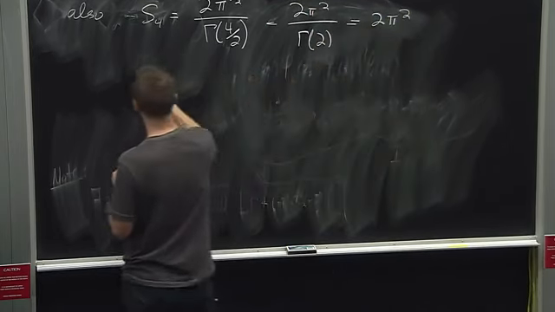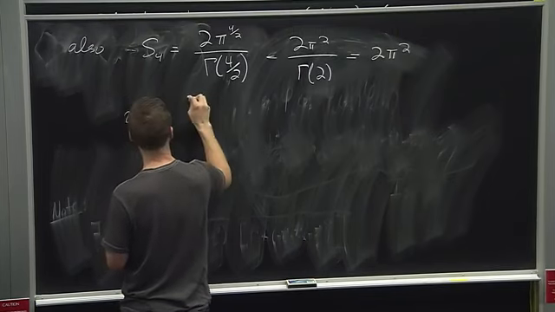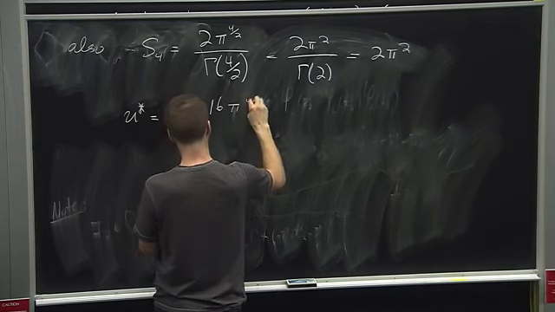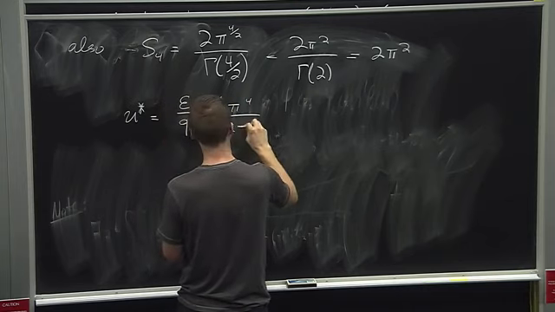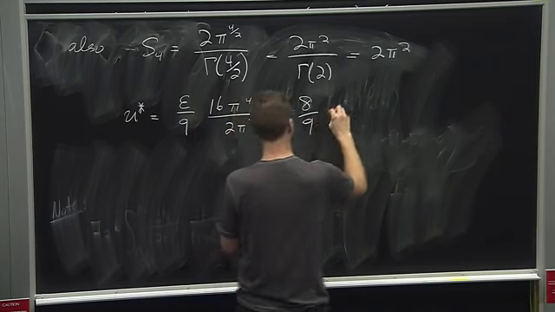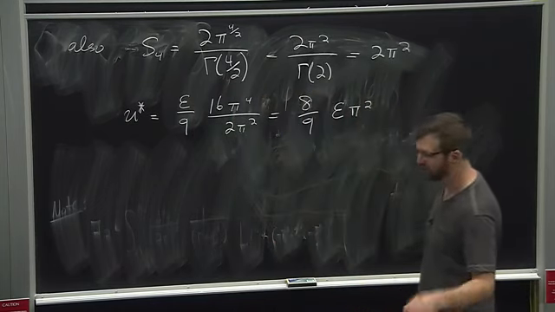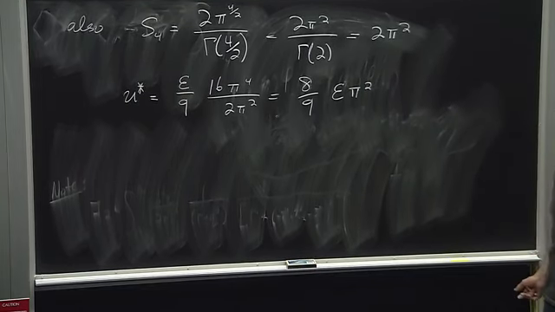Yeah, I like that better. 2 pi squared. Yeah, okay, I've seen that before. 8 over 9, epsilon pi squared. That's cool.